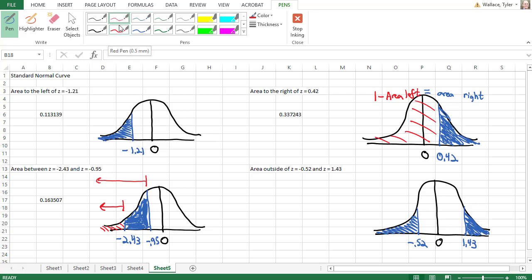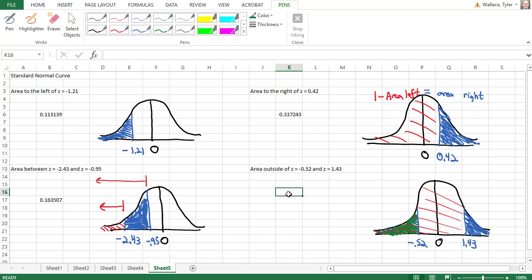Well, this one we might need to get a little bit more creative on. If I just wanted the area to the right of 1.43, we could type in 1 minus and then cut off everything to the left of 1.43. But that cuts off the negative 0.52 tail we want, which is also a left tail. So we're going to add back on the left tail after we cut off everything to the left.